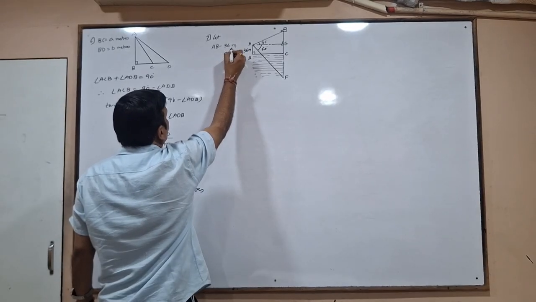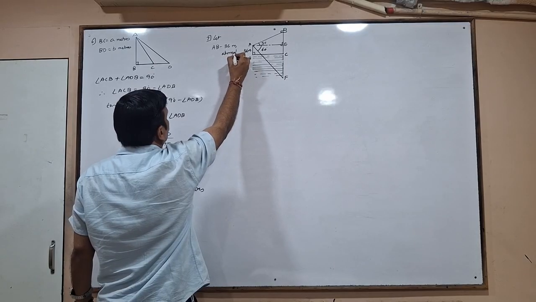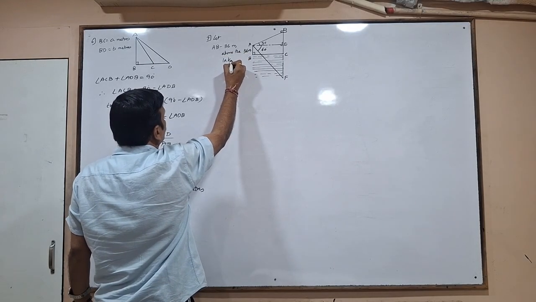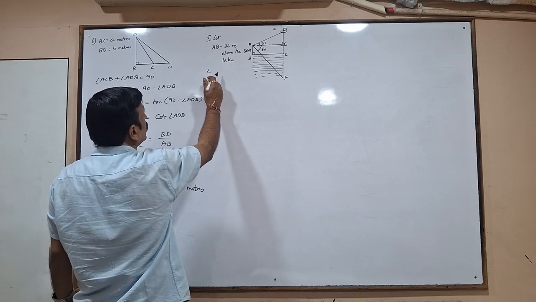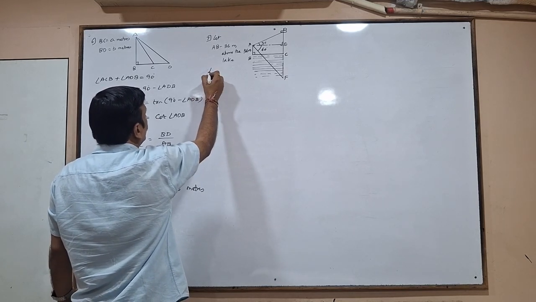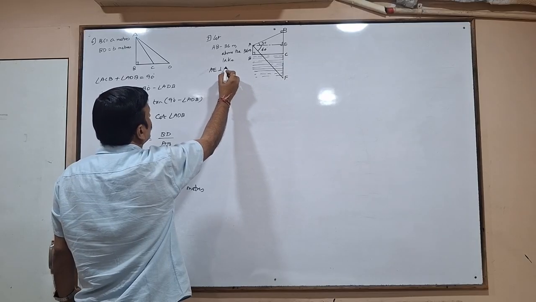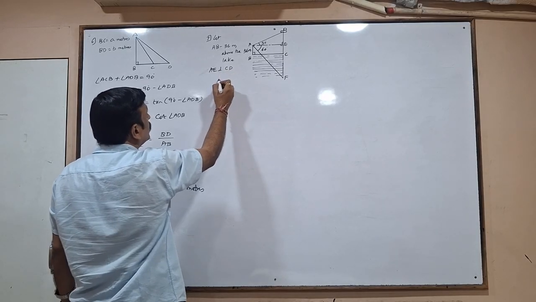AB is 36 meters above the lake. AE is perpendicular to CD.